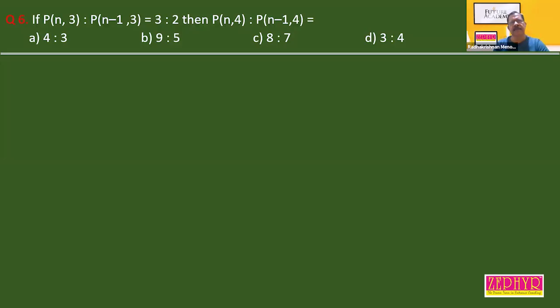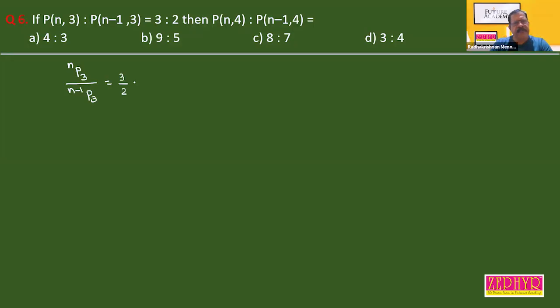And after finding out n, find out nP4 by n minus 1 P4. nP3 divided by n minus 1 P3 equal to 3 by 2. Find the value of n.